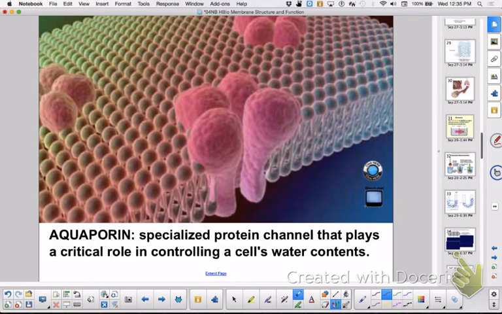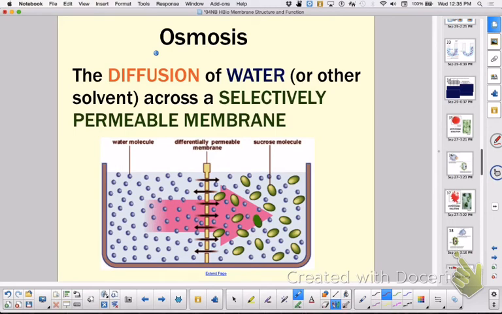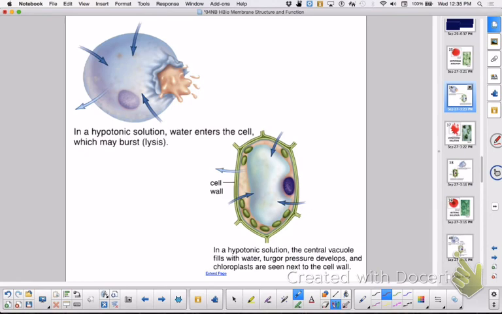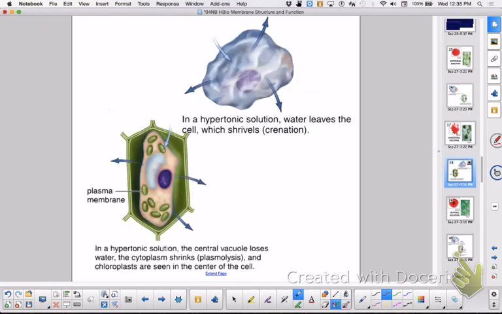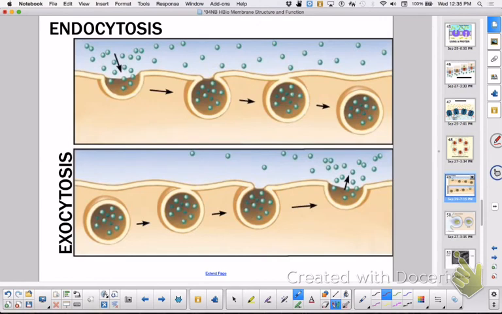We talked about diffusion and hyper and hypotonic. Are you all right with that? I'll review that. We said what would happen to the different cells in different scenarios. And again, there are pictures in your book where you can review that, as well as the questions at the back of your book. And then we talked about endo and exocytosis. I think we hit everything.